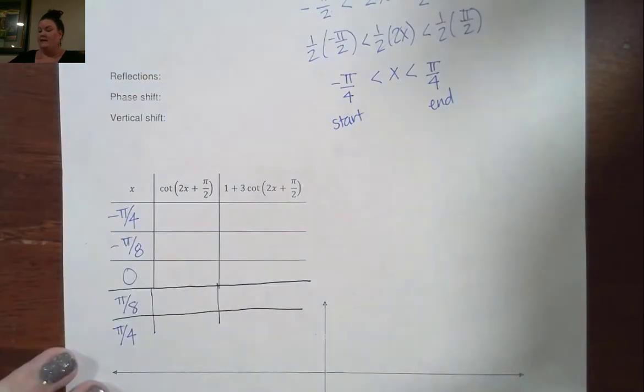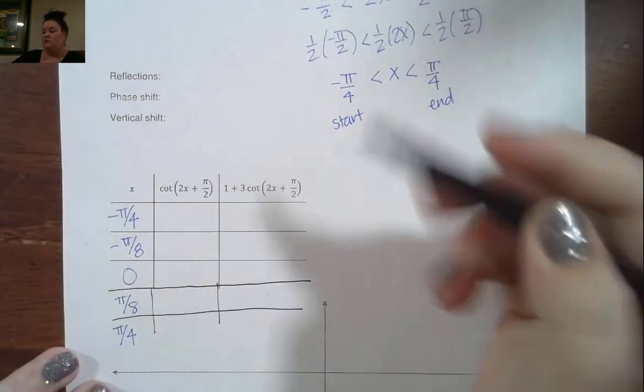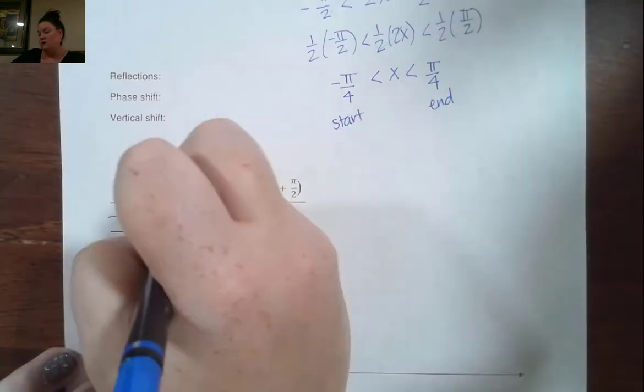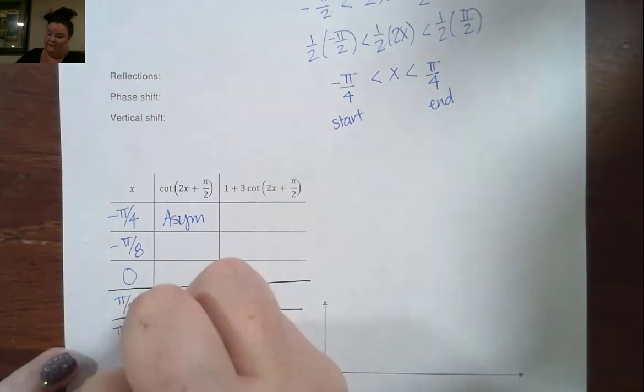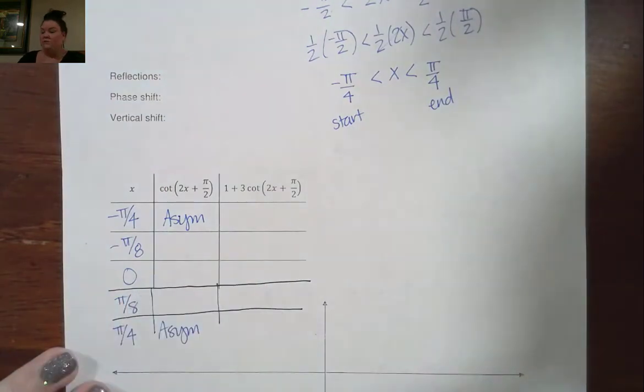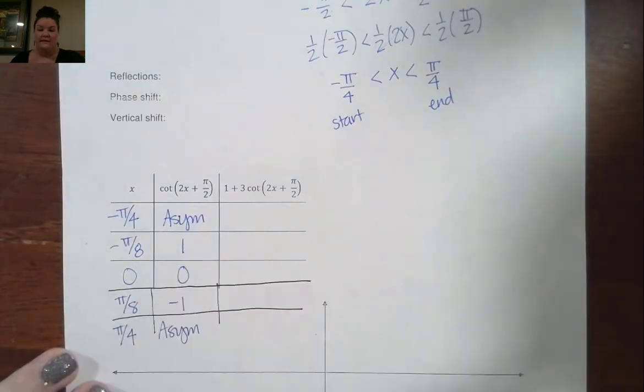Now that we have adjusted for our nice cotangent values, we know that this starts with an asymptote. It ends with an asymptote. And because we're doing cotangent, when you get cot, it's all downhill from there. So we start up at positive 1, then down to 0, then down to negative 1.